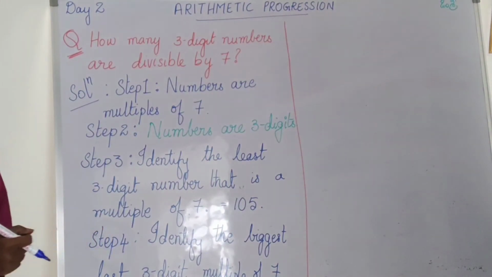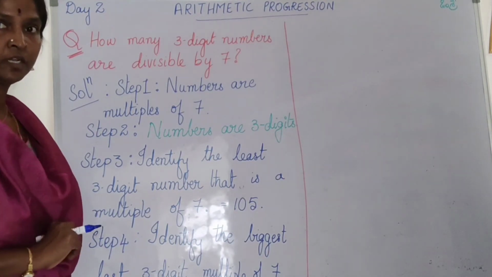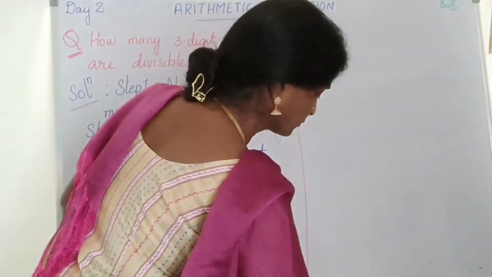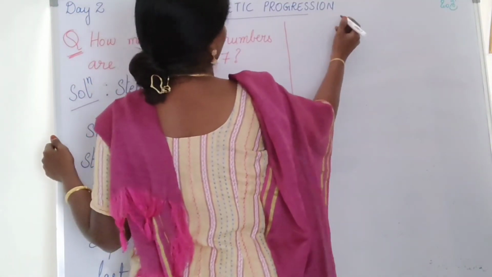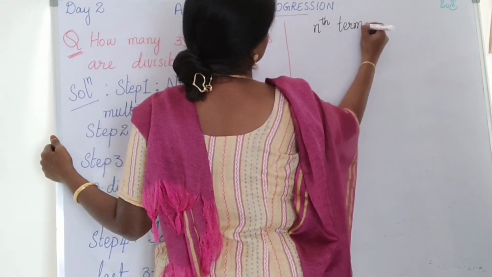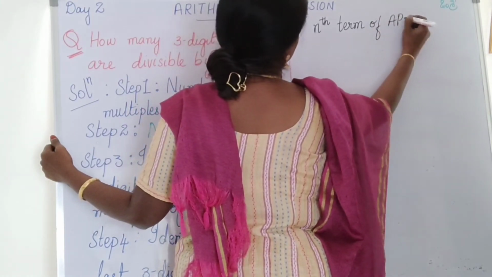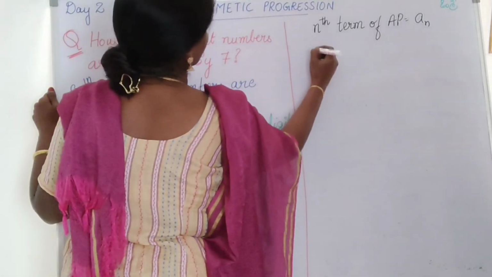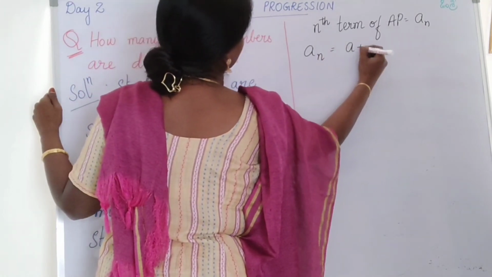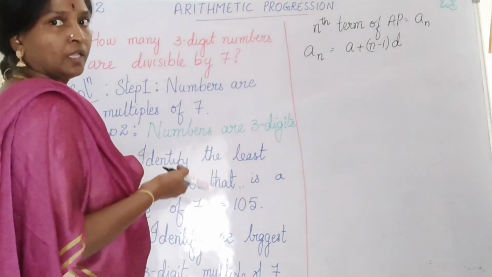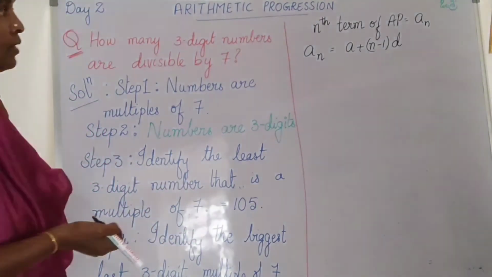So, now using these 4 steps, we will continue with the 5th step where we use the formula for the nth term in arithmetic progression: an is equal to a plus n minus 1 into d.